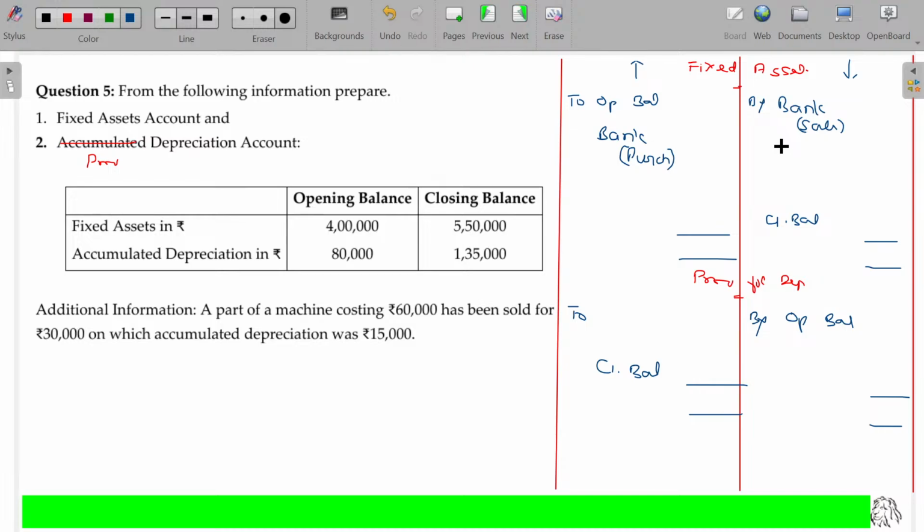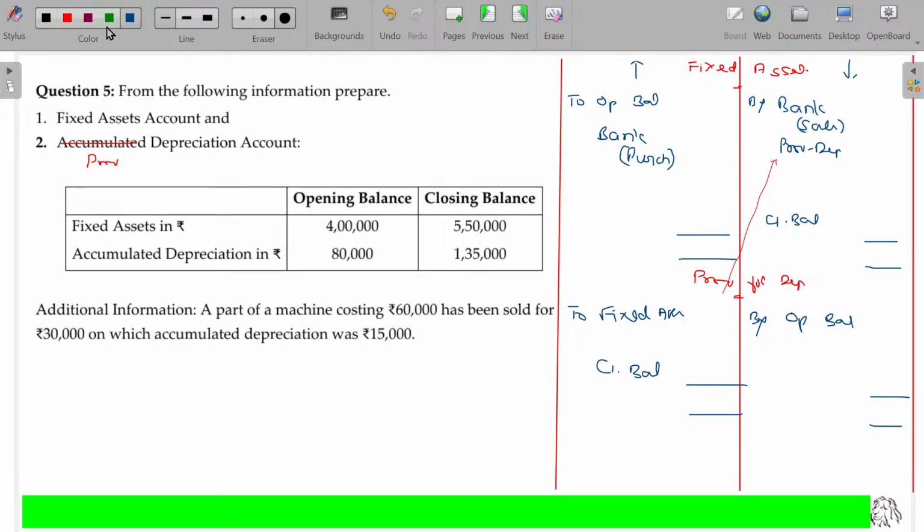Okay. Provision for depreciation. Here, for the asset sold, the accumulated depreciation is transferred. You understand? Transferred.